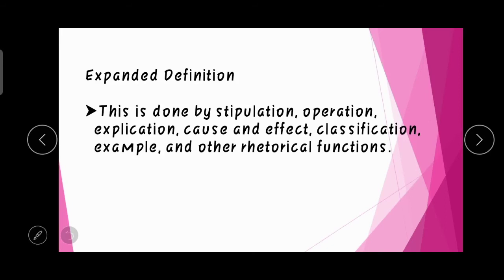Another method of defining a term is expanded or extended definition. It is a long, detailed clarification that uses one or more paragraphs to expand on a word that may be difficult to comprehend. This is done by stipulation, operation, explication, cause and effect, classification, example, and other rhetorical functions.